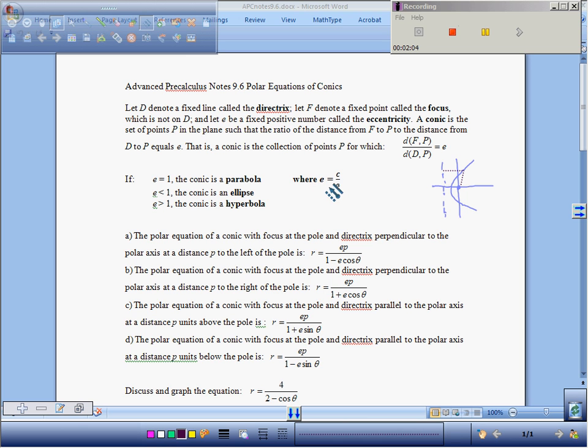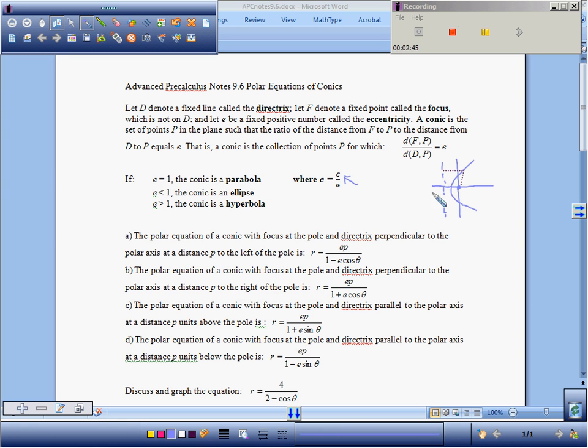Also, E is equal to C over A. So in a parabola, C is the distance from the focus to the vertex, since there is no center in a parabola, and A is going to be the distance from the directrix to the focus.